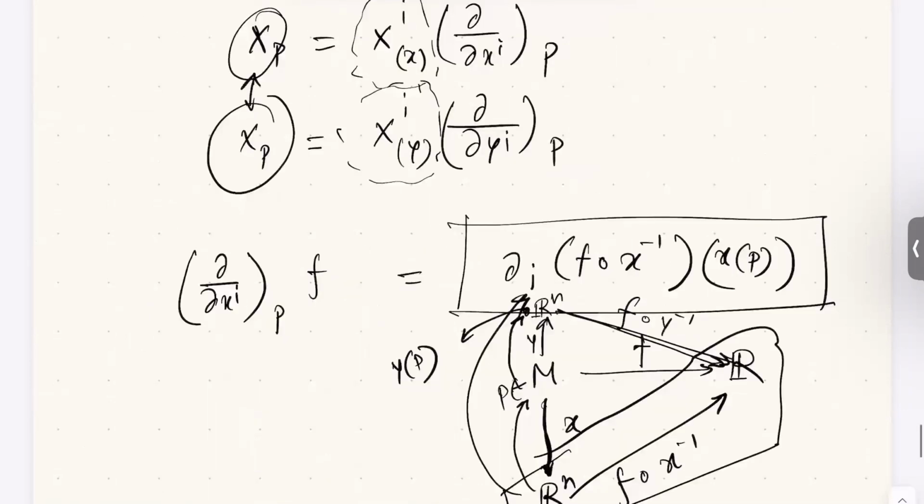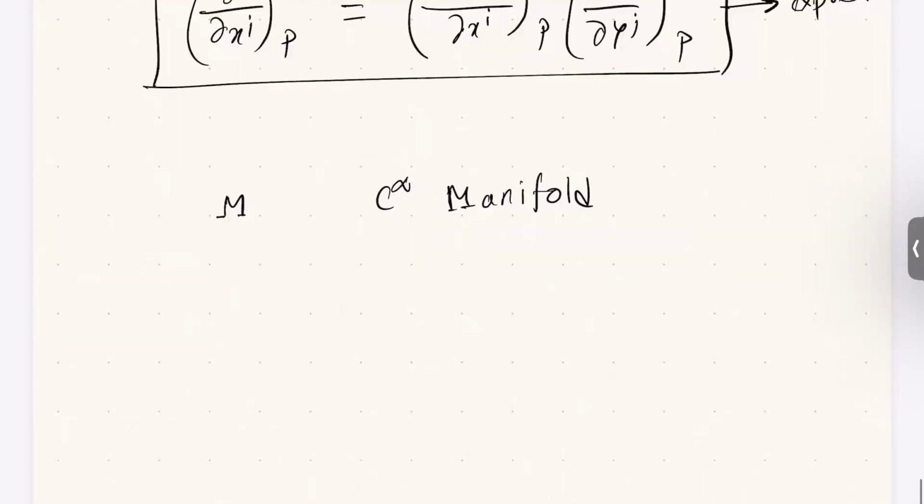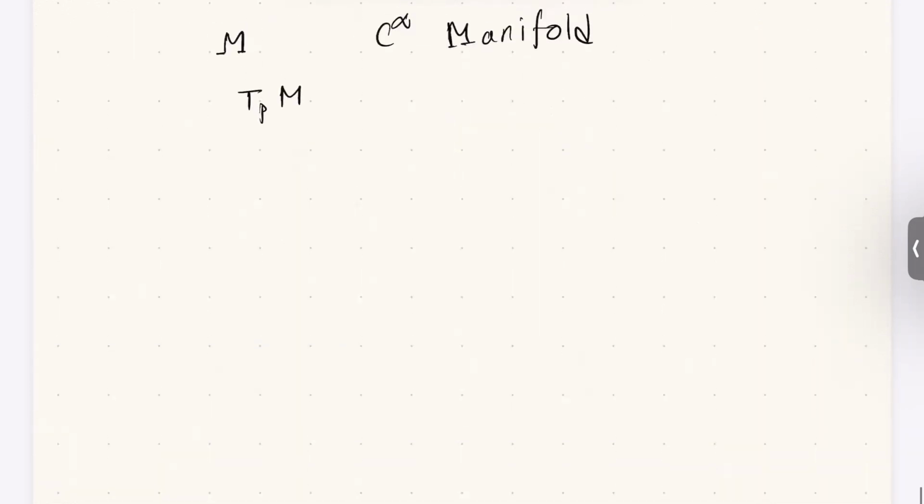So that means we consider a manifold, then we consider the C infinity structure, C infinity manifold, and finally TPM, the tangent space at the point P. Now, let's start with a circle.